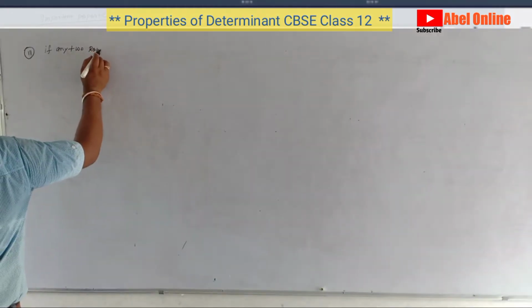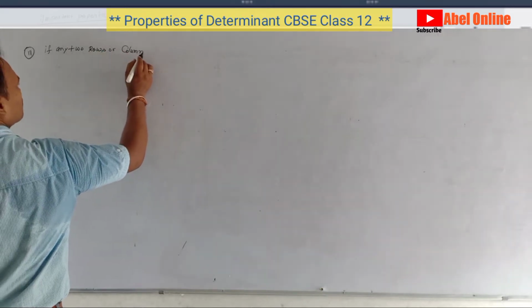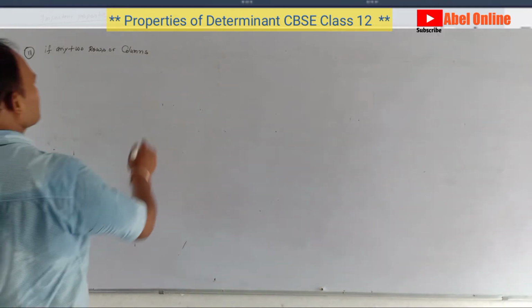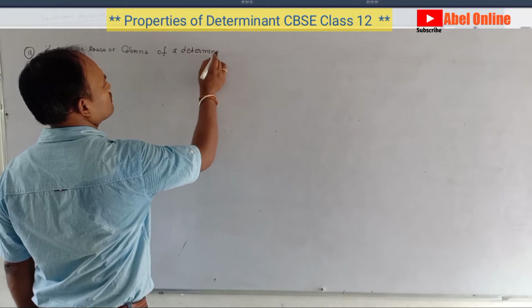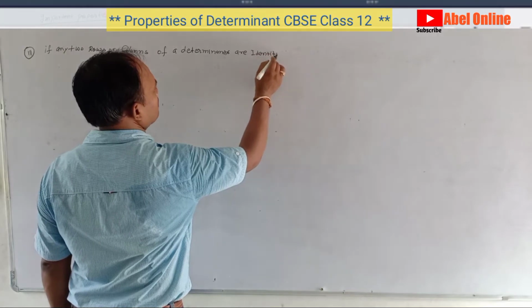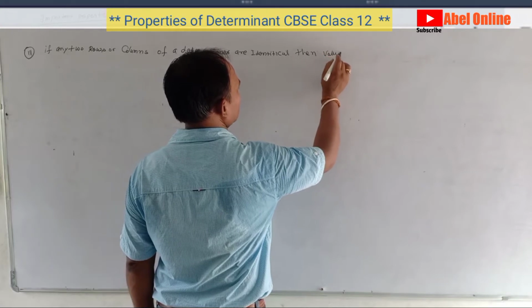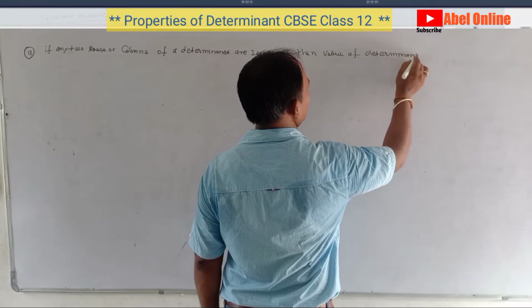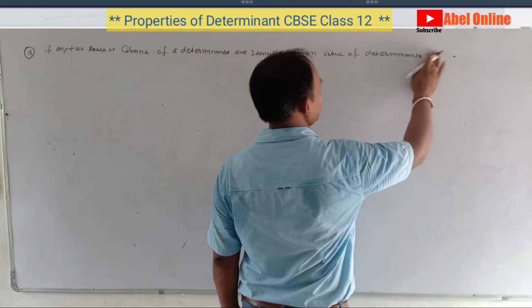If any two rows or columns of a determinant are identical, then the value of the determinant is 0. The value of the determinant is 0.